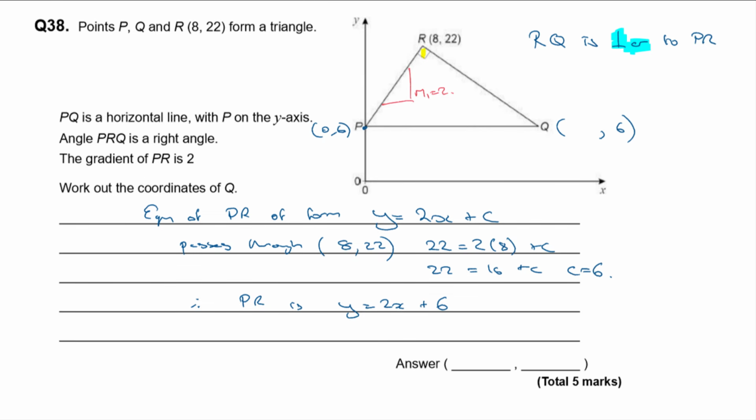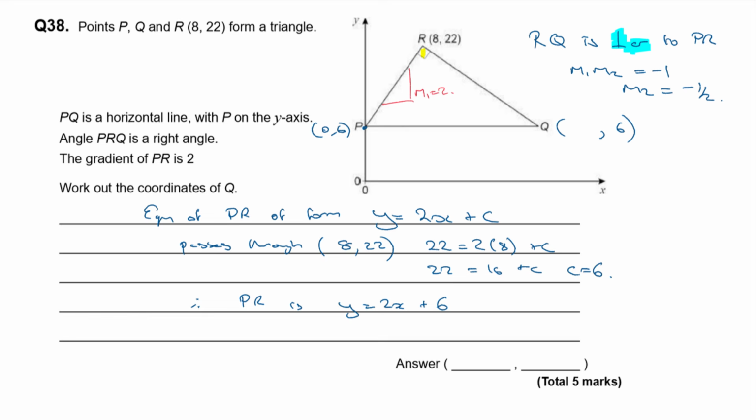Right, so RQ is perpendicular to PR, and that means that their gradients, m1 and m2, when you multiply them together, give you minus 1, because one is the negative reciprocal of the other, and therefore m2 is going to be minus 1/2. Taking the gradient of the other line, flipping it over and sticking a minus sign in front of it, you're going to get minus 1/2.